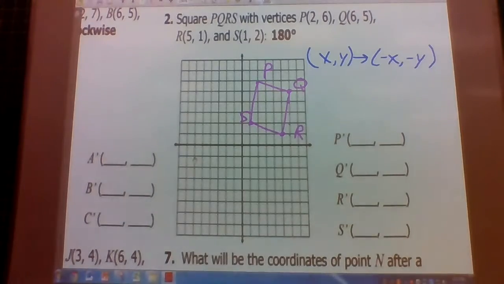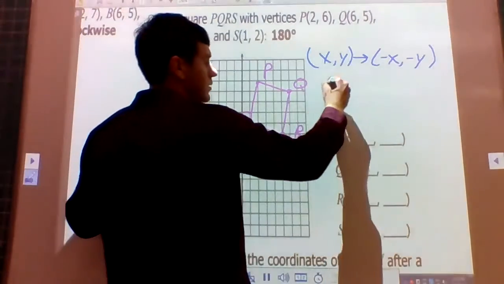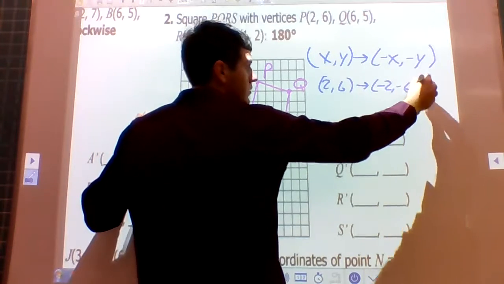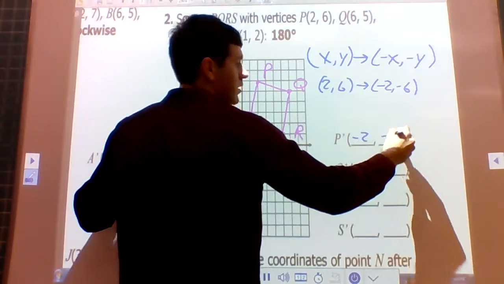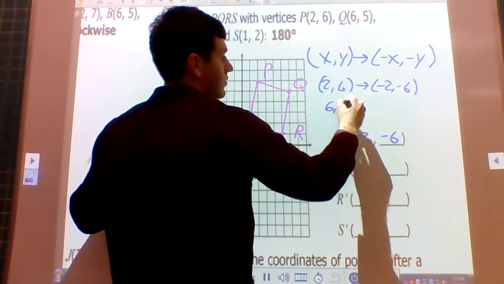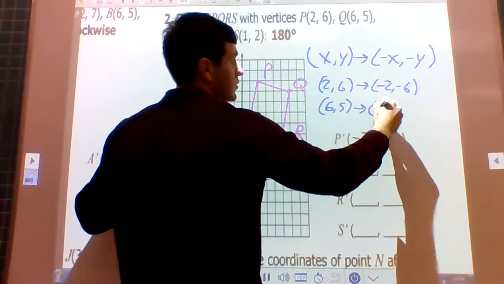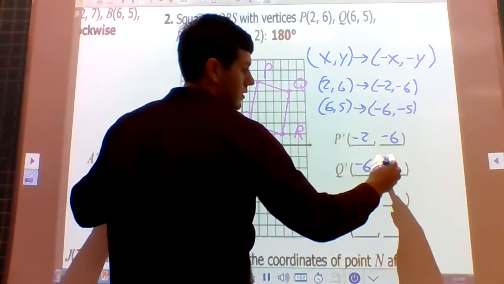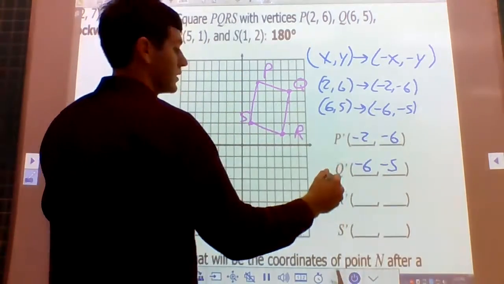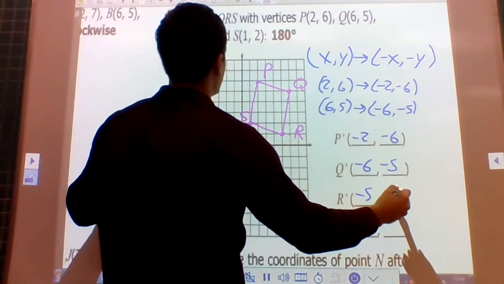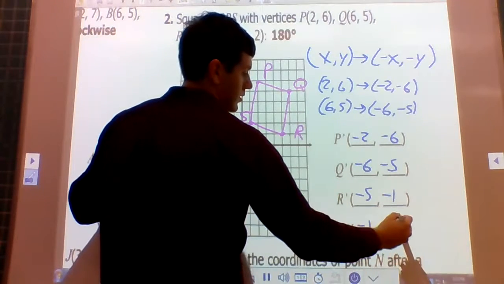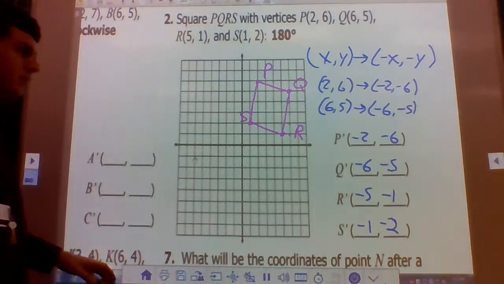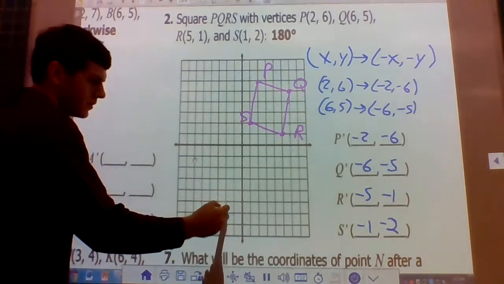So let's find our points here. So 2, 6 is going to go to negative 2, negative 6. Okay, 6, 5 is going to go to negative 6, negative 5. Okay, and so on. We get negative 5, negative 1, and negative 1, negative 2. So we can plot those points. P prime is negative 2, negative 6.